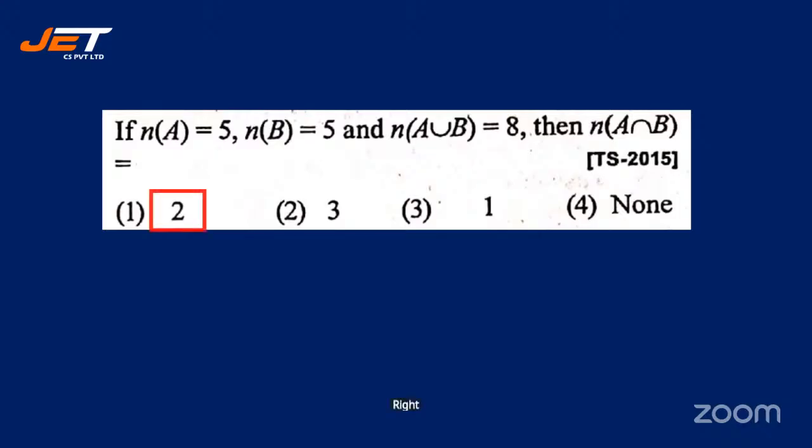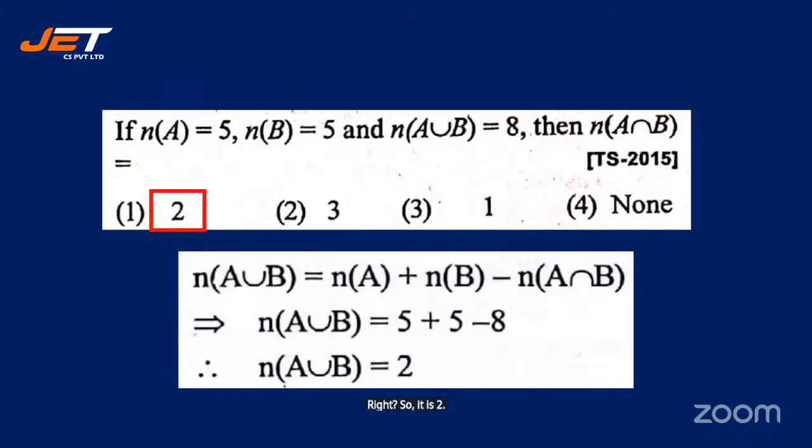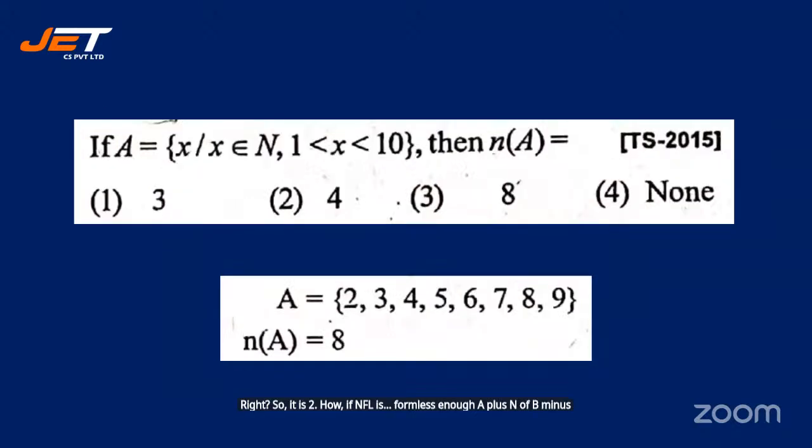So it is 2. How? The formula is n(A union B) equals n(A) plus n(B) minus n(A intersection B). Right, next.